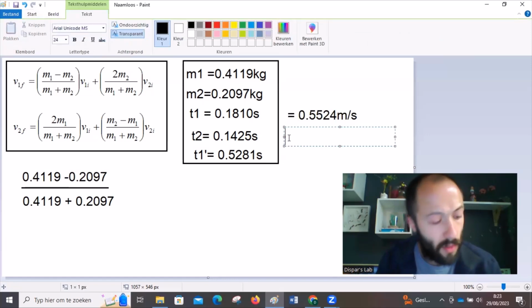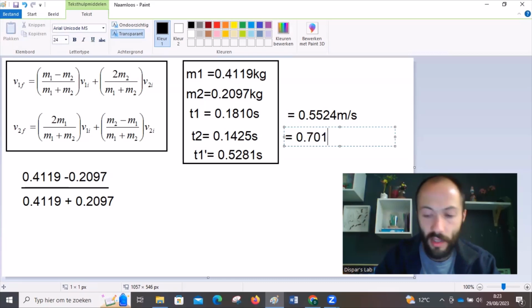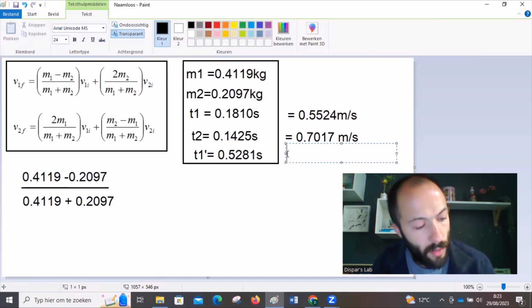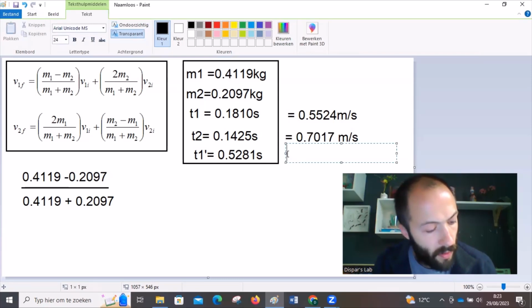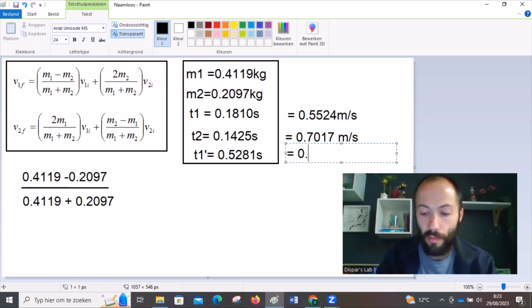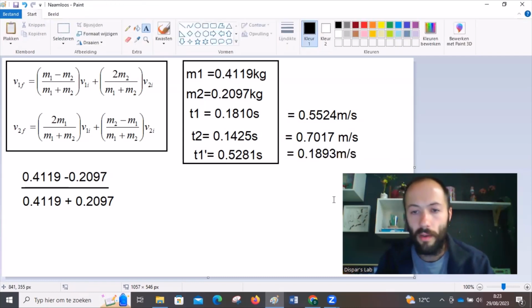Then T2, which is 0.1 divided by 0.1425, is going to be 0.7017 meters per second. Then T1 prime, 0.1 divided by 0.5281, is going to be 0.1893 meters per second. So now we got our velocities.